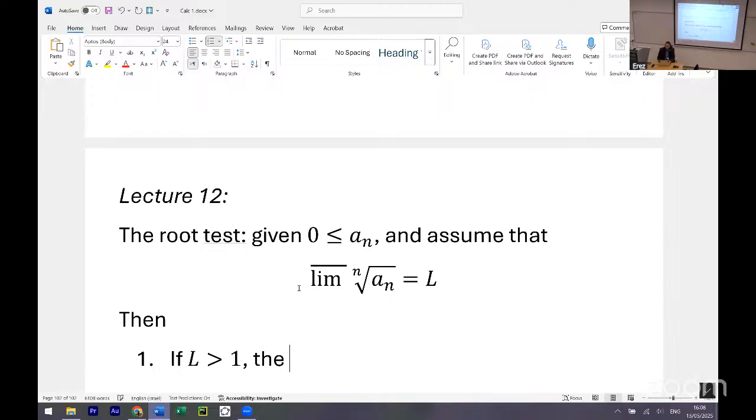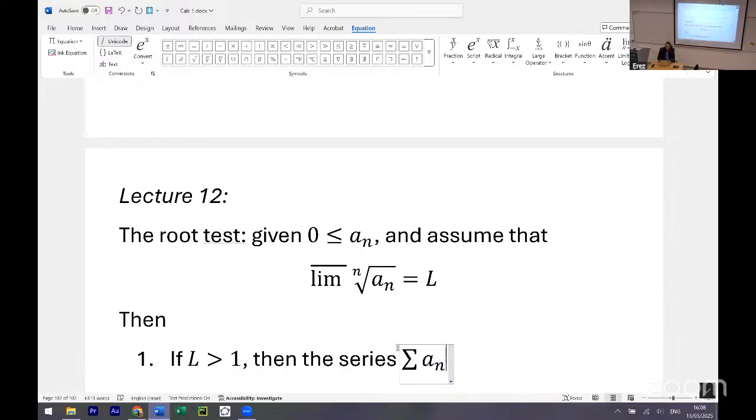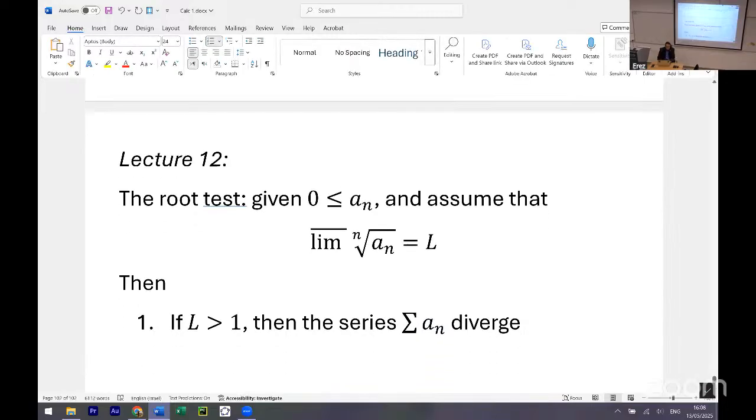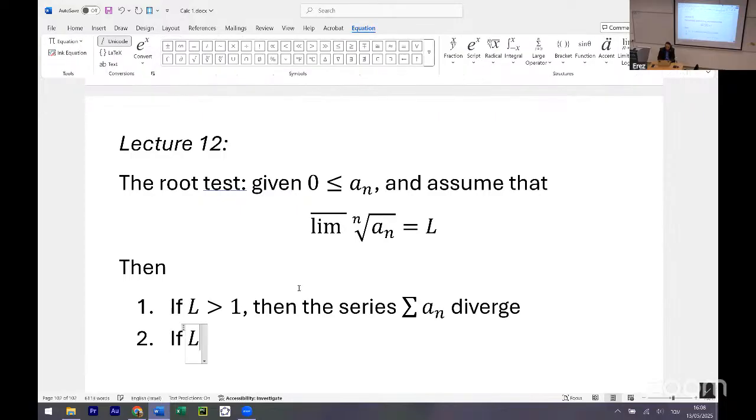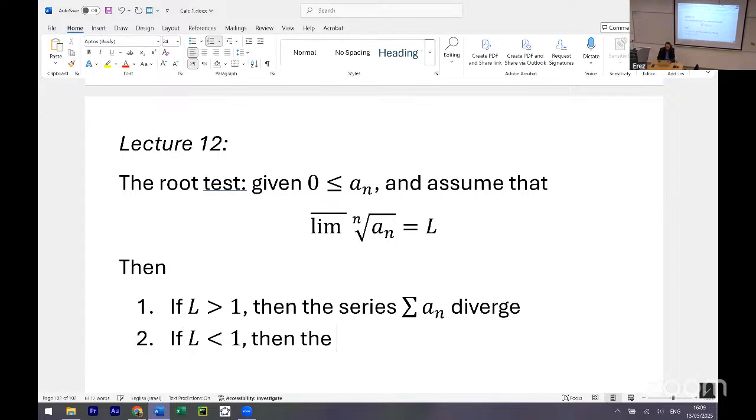If L is larger than 1, then the series sigma of a_n diverges. And if L is smaller than 1, then the series converges.